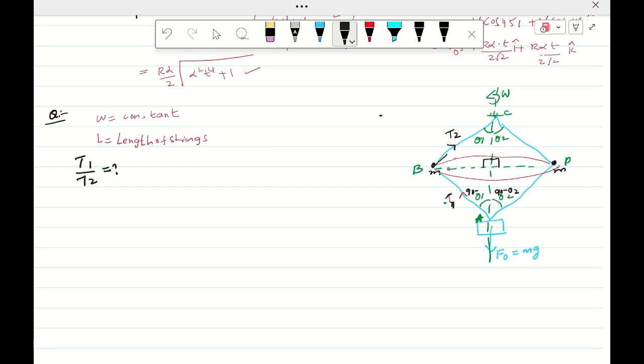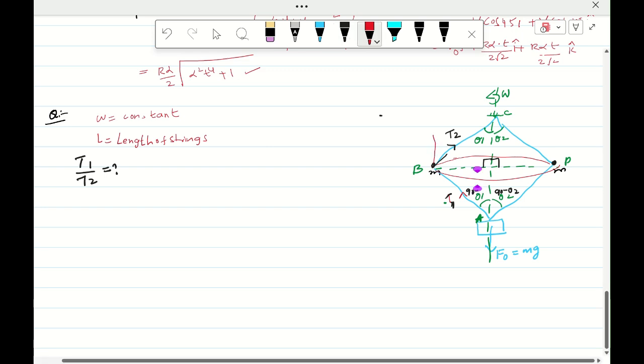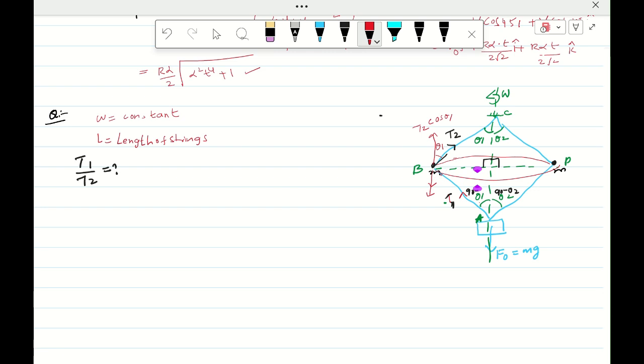So now if you take here T1, T2, this particle is in vertical equilibrium, these two particles are in vertical equilibrium. That means there is a T2 component. This is theta 1, so this is also theta 1, right? So T2 cos theta 1. In this direction, there is a T1 and mg. So mg is acting, and if it is 90 minus theta 1, so this is theta 1, this is 90 minus theta 1, right?